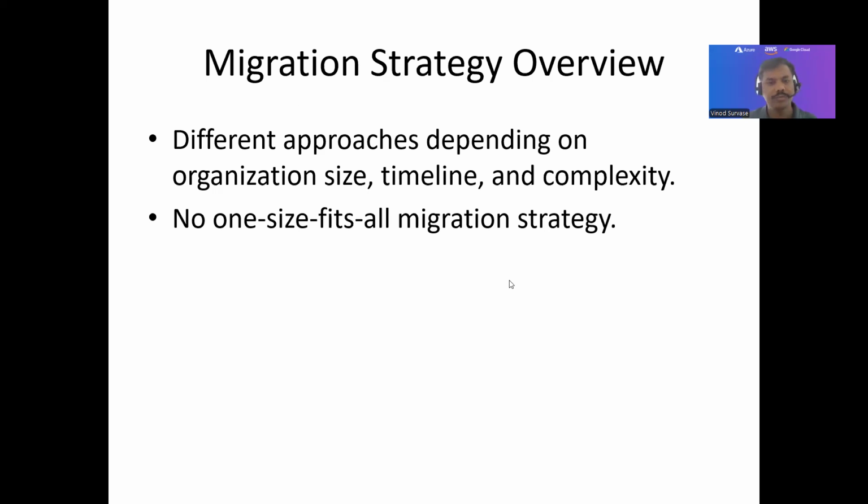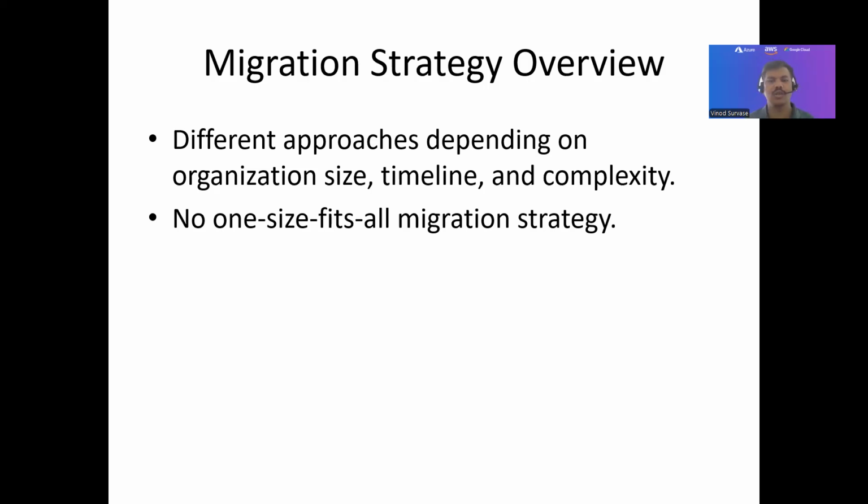All right. So the different strategies that I was talking about are the approaches that we are going to take, depending on organization size, the timelines, and complexity of the organization requirement, along with the infrastructure that they have, right? And no one size fits all the migration strategies.